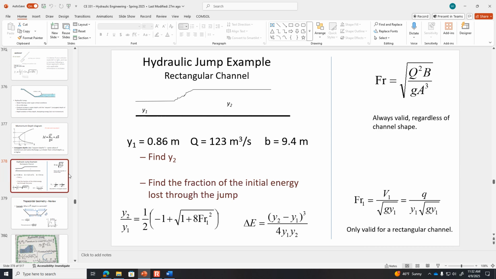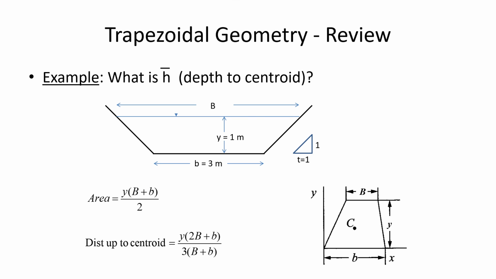There's always a twist, though, so let's talk about trapezoidal geometry, because depth to the centroid is negligibly easy if the channel is rectangular. We talked about this on Monday, how if the channel is rectangular, then the depth to the centroid is just y divided by 2.